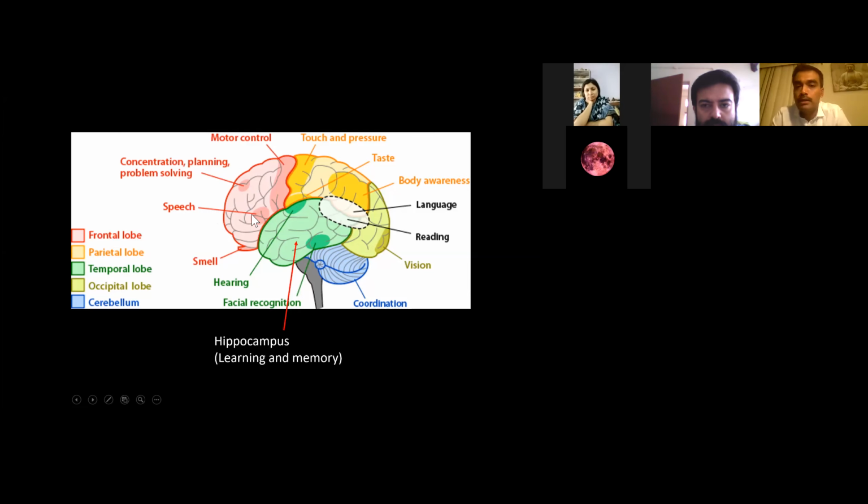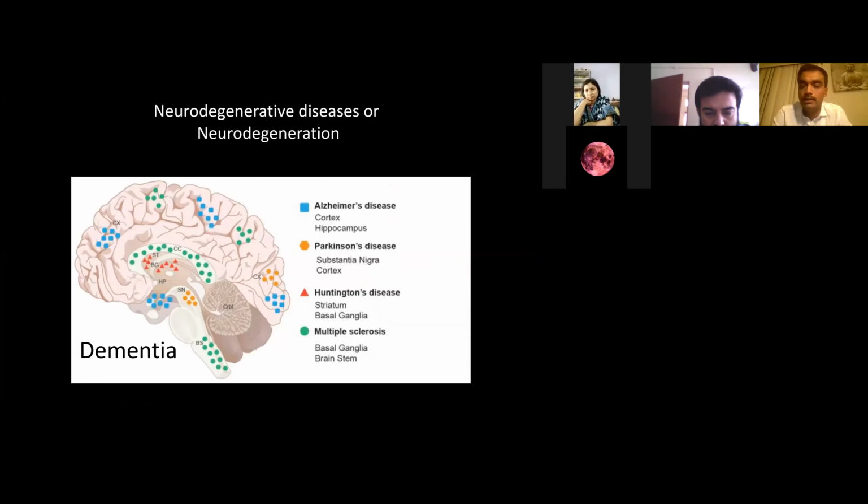But among others, there is one small, tiny region of the brain inside the temporal lobe, which is called the hippocampus. And the hippocampus is the CPU of our brain. That is the region basically involved in learning, and that's why the hippocampus is where memory is. Now, what are those diseases? Some of them I'm listing here, like Alzheimer's disease, Parkinson's disease, Huntington's, Lewy body dementia, and several other groups of diseases.